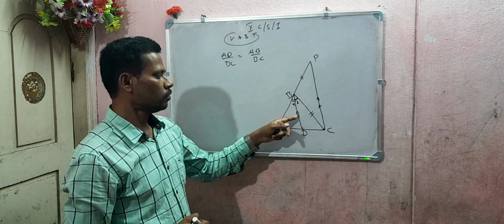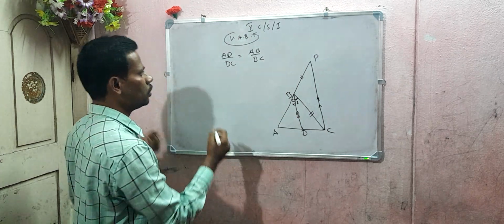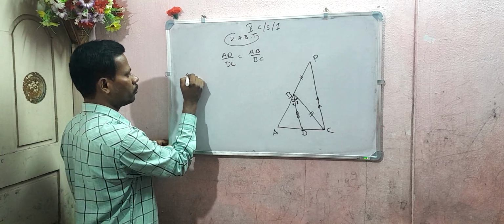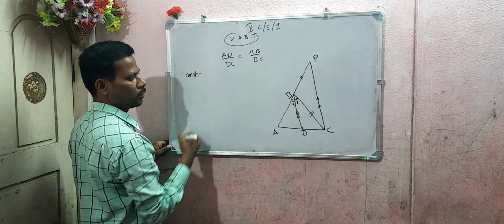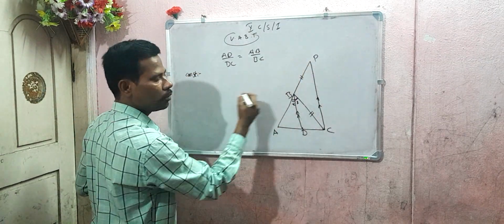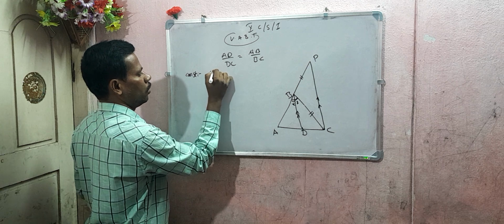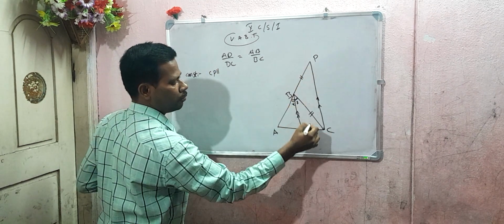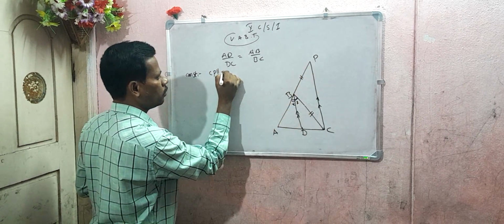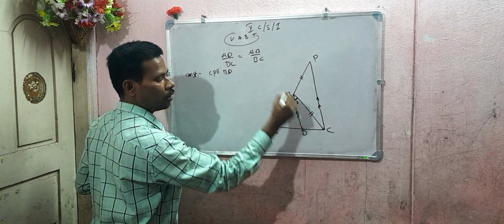For this, we need to do construction. Draw CP parallel to BD, or DB, anything.